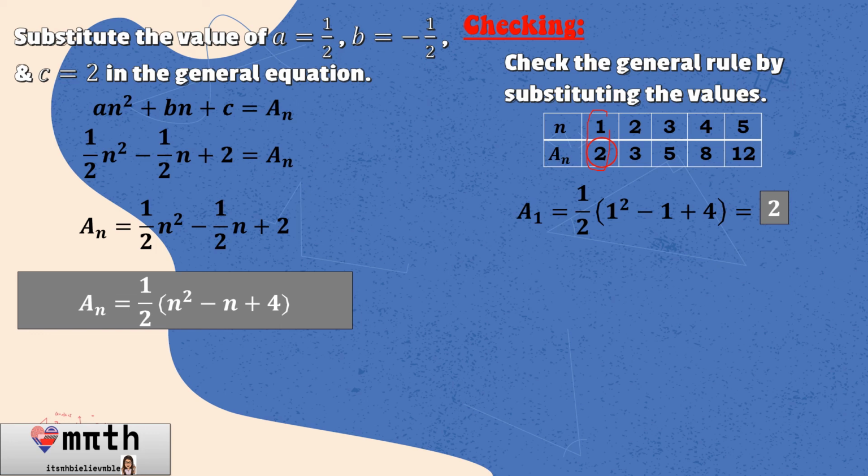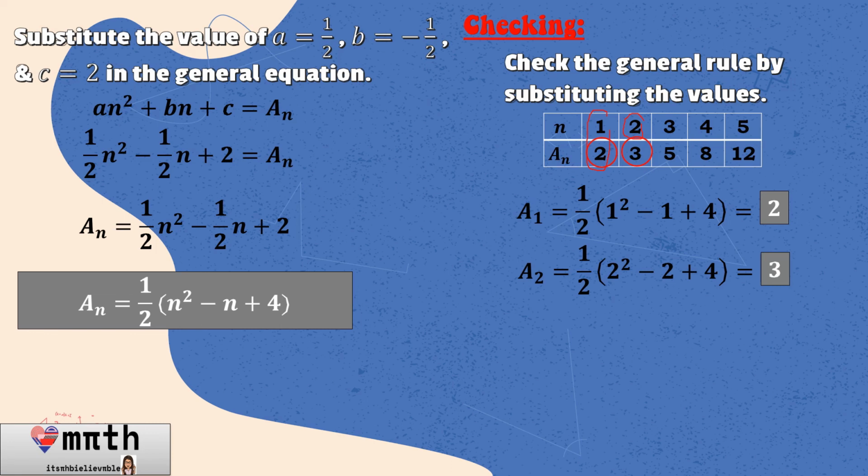And now, if we try n equal to 2, substituting that to the general rule we've got a while ago, that will be 1/2 times 2 raised to 2 minus 2 plus 4. And simplifying this, the value will be equal to 3.